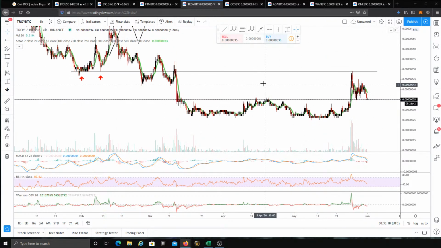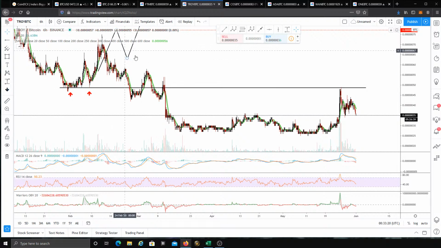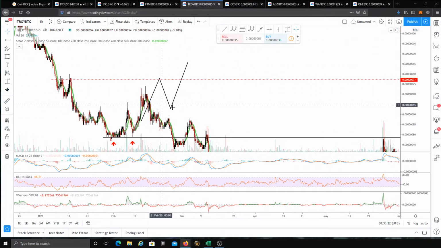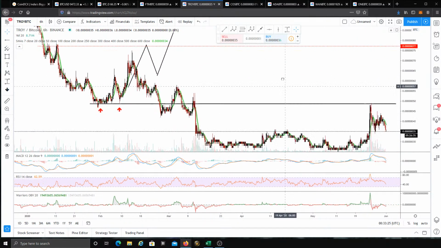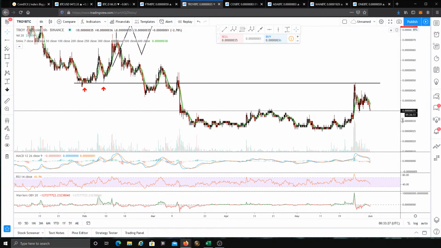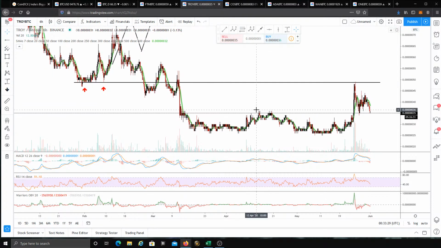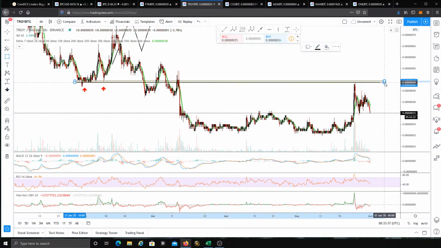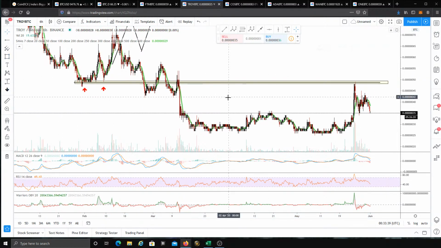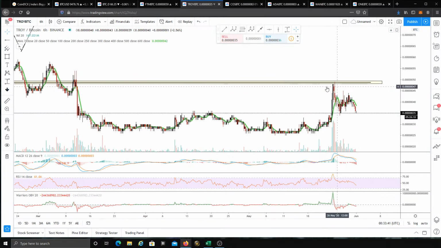That one actually did play into, oh God, this is a very, very bad call way back here then, expecting more out of that pump, but obviously not. Okay, so again, I was playing my resistance zones. We had a 48, 49 target up here off of this resistance, and I sold here at 47.